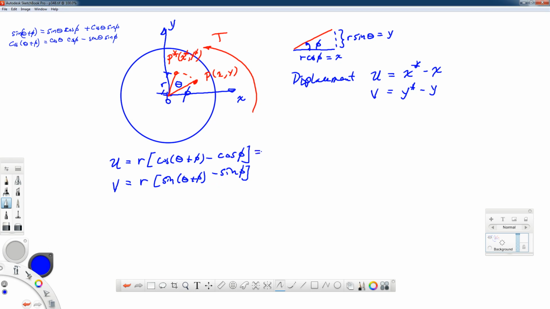By those trig identities, I can rewrite this. So u equals r times cosine theta cosine phi minus sine theta sine phi, minus cosine phi.